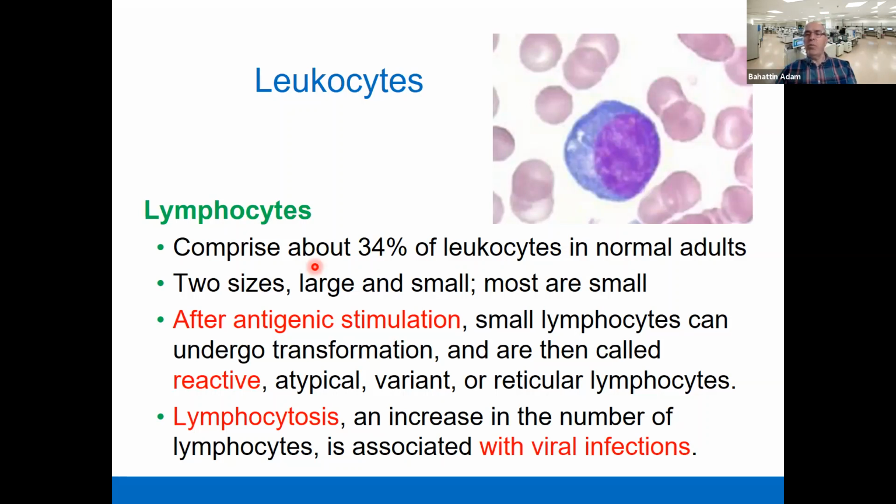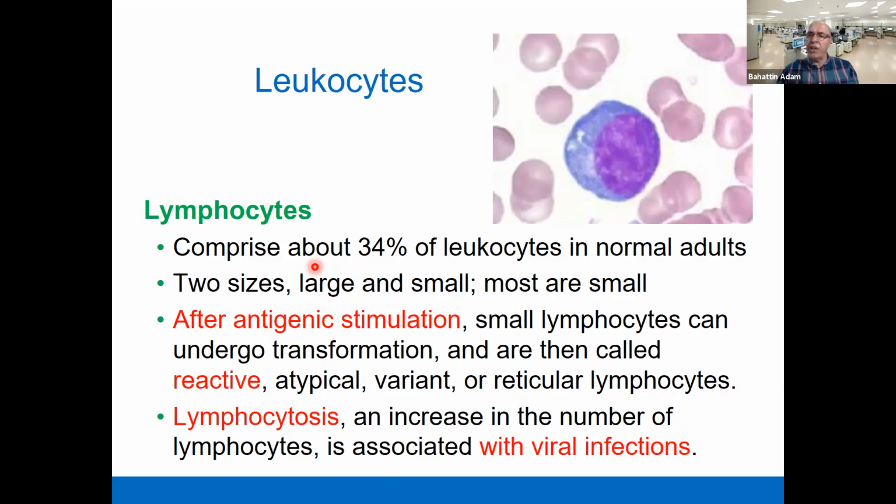Lymphocytosis, which means an increased number of lymphocytes, is associated with viral infections predominantly. Keep in mind, during a bacterial infection, the neutrophils, the other type of white blood cell, increase.